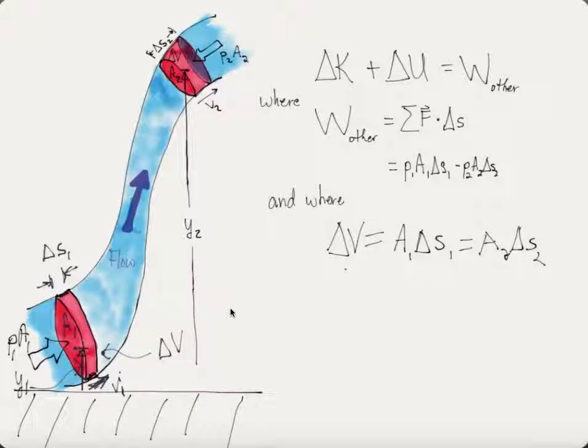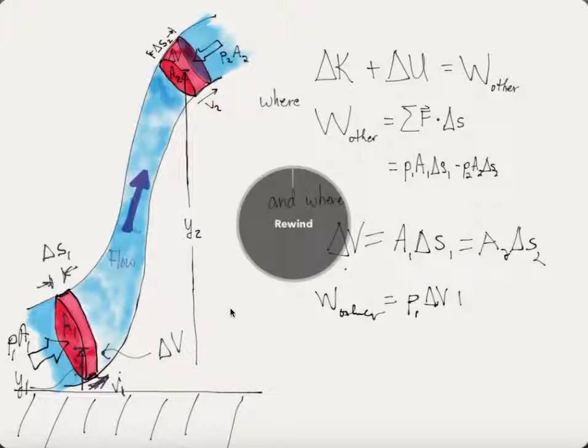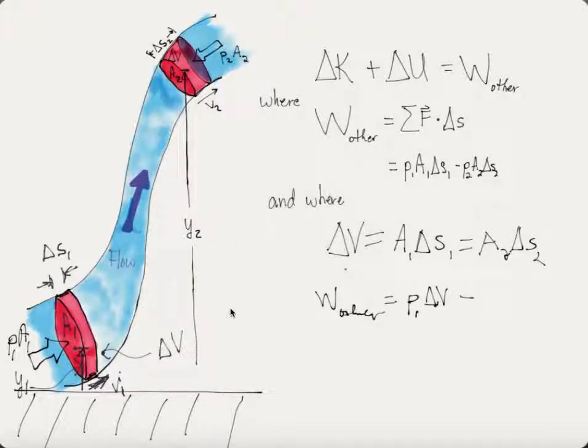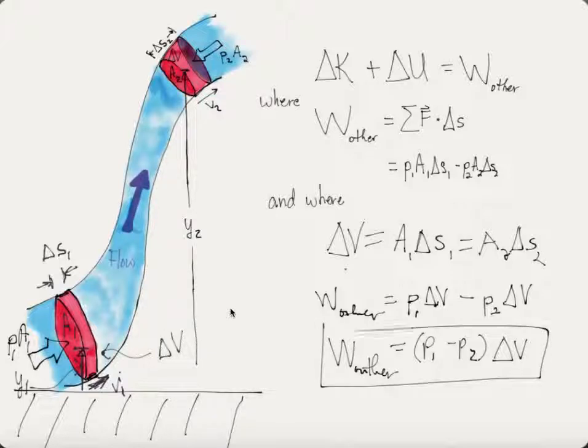So we can change our work other to being P1 times delta V minus P2 times delta V. So we can rewrite this. We can just say P1 minus P2 times delta V. This is going to be our work other. And we will substitute this back into our work energy formula.